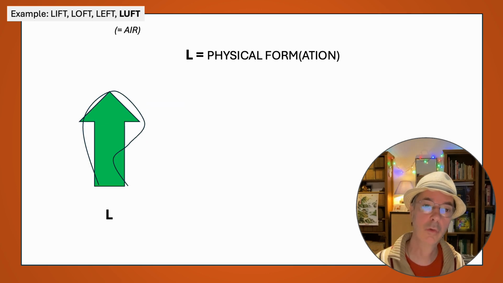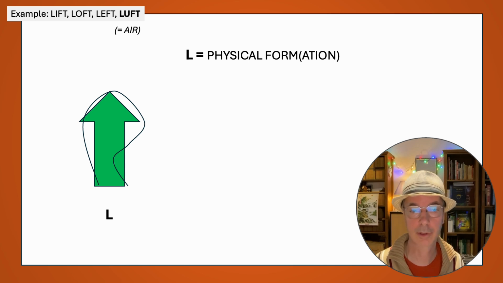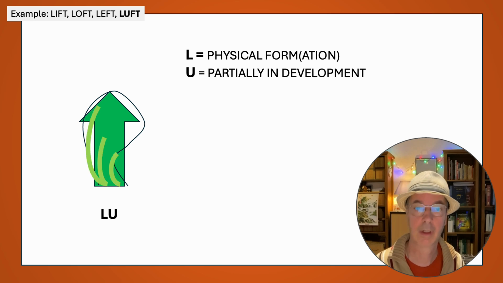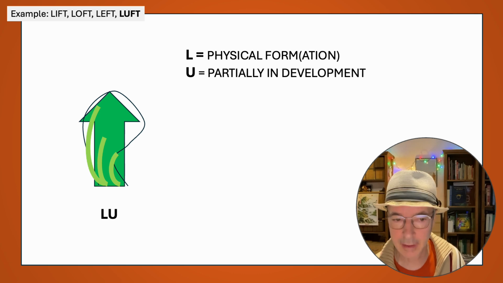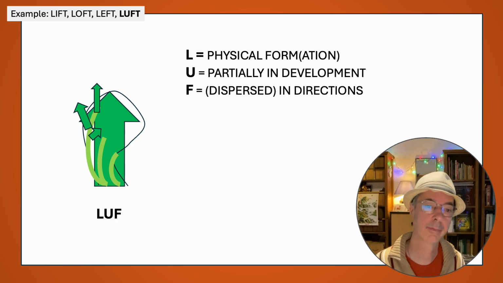But let's go to LUFT, which is a German word which means air. Again, you have this physical formation process which goes into the U, or a partial development. So it's only partially in development, you can also say. And this will also be dispersed in directions.